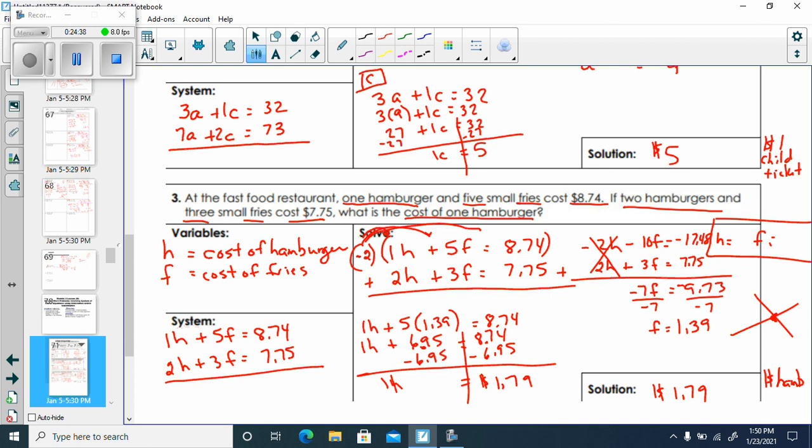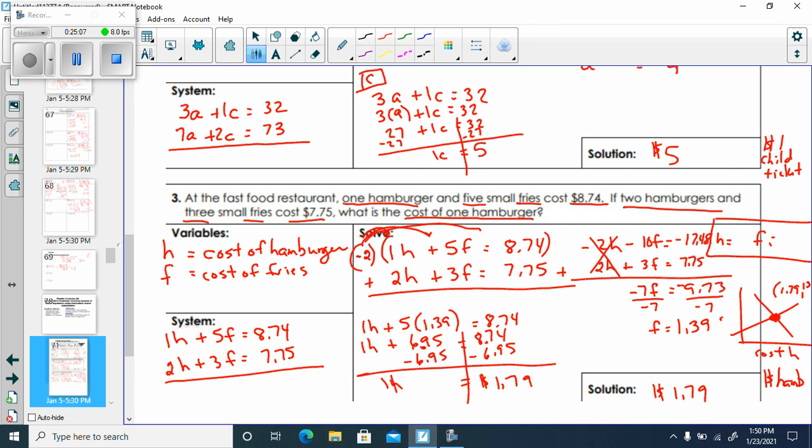And where these two intersect, in this case, if we've got h and f, hamburgers and fries, 1.79 and 1.39, they're still points on a line. 1.79 is the cost of your hamburgers. That's on your x-axis. Cost of hamburgers.